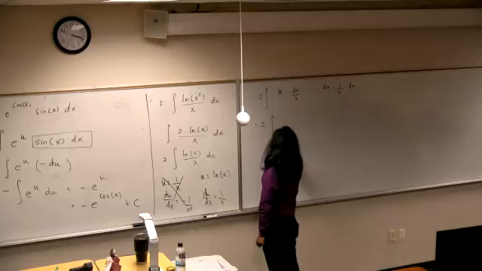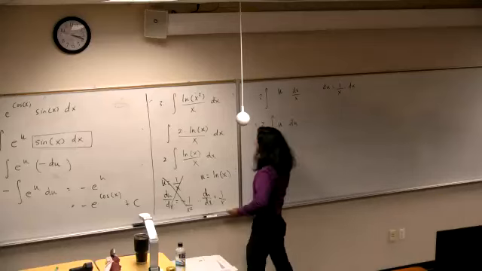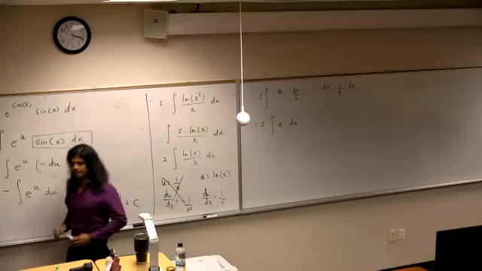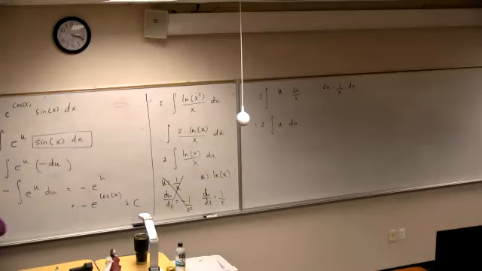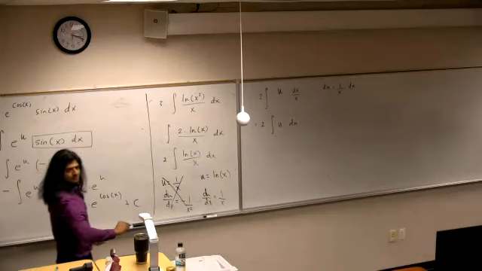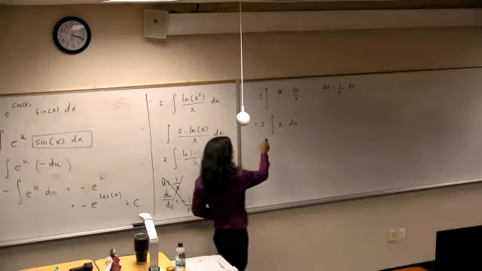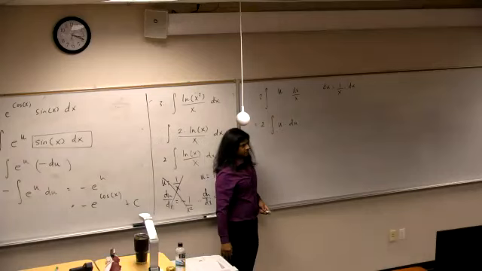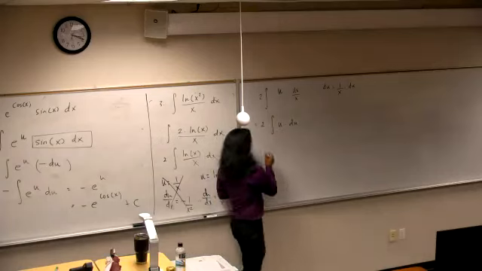So 2 times the integral of u du. Did I successfully convert the integral from x to u entirely? I did. What is the integral of that? u squared over 2.